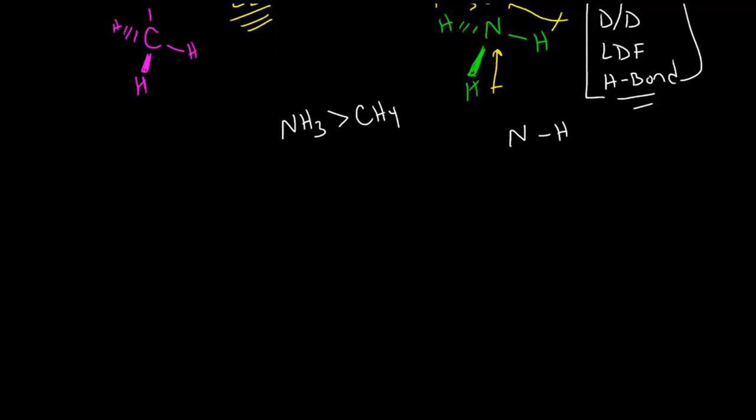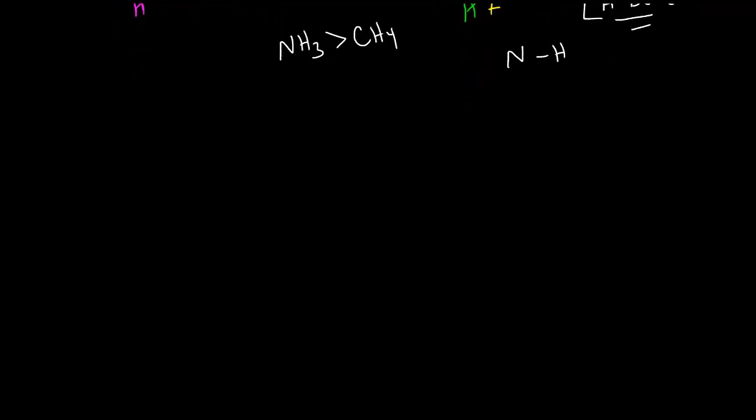Okay, so let's think about this compound. So we have CH3OCH3. Okay, this compound is known as dimethyl ether. Okay, so if we were to draw out the Lewis structure, remember the connectivity of these, you have the carbon attached to each of the three hydrogens, attached to oxygen, attached to carbon, and then this carbon is attached to each of these three hydrogens.